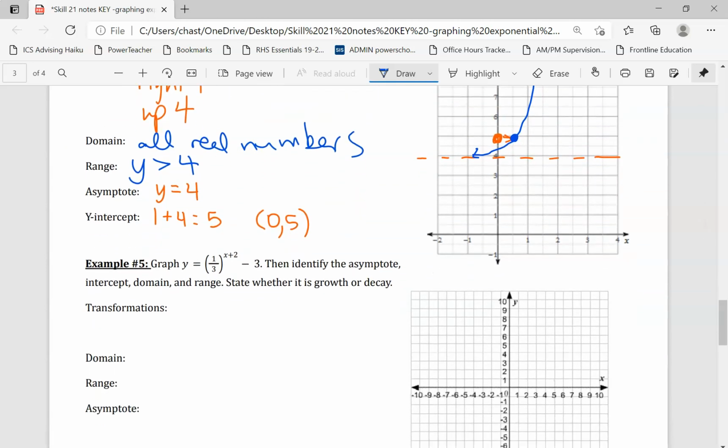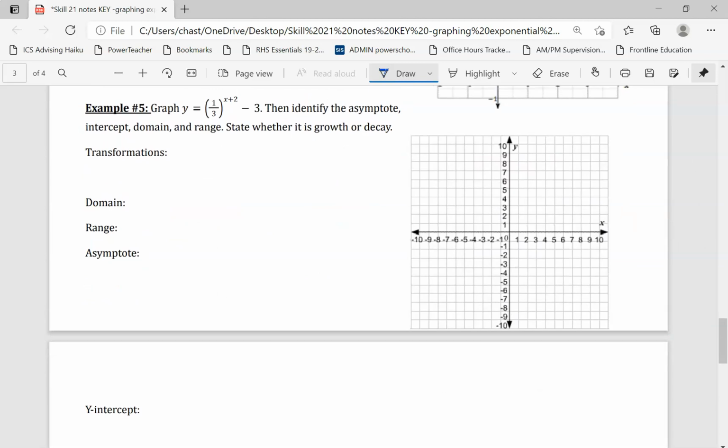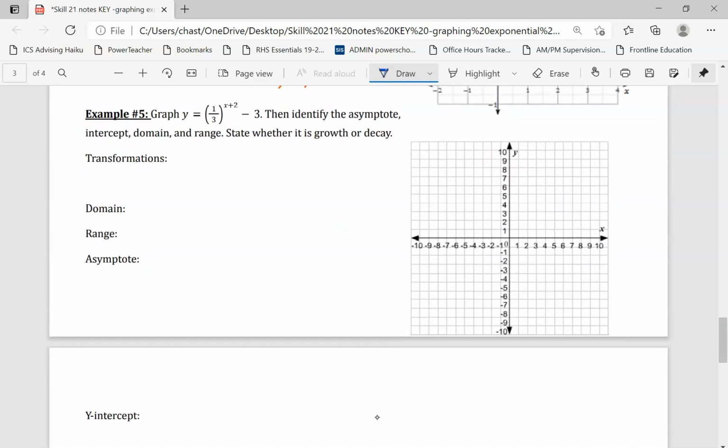All right, let's try another one here. So for this one, we have this function. Again, we're going to assume there to be an a in the front, which will be 1. So I'm going to go ahead and figure out the y-intercept. The y-intercept is going to be that 1 minus 3. That's kind of where I'm going to start this. So I know I'll have a y-intercept at negative 2.